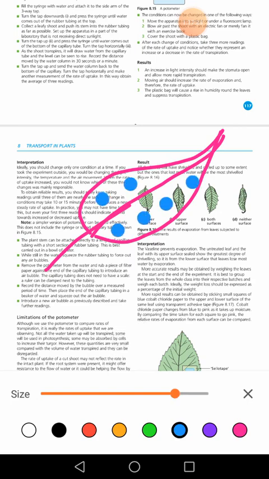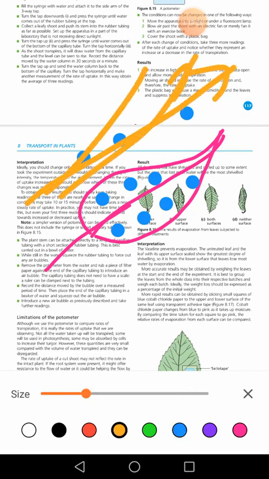Now we also have to learn how the stomata are opened and closed. So, stomatal opening and stomatal closure.